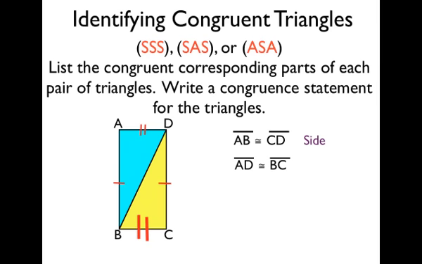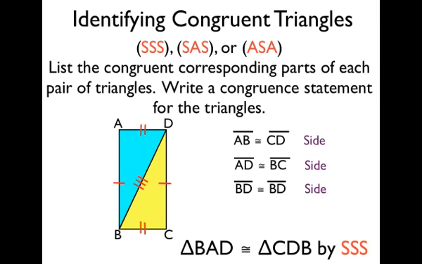BC is congruent to AD, so that gives me another side. So I've got 2 sides, and then my last side, DB, is congruent to itself, BD. So that gives me my side, side, side. So triangle BAD is congruent to triangle CDB by side, side, side.